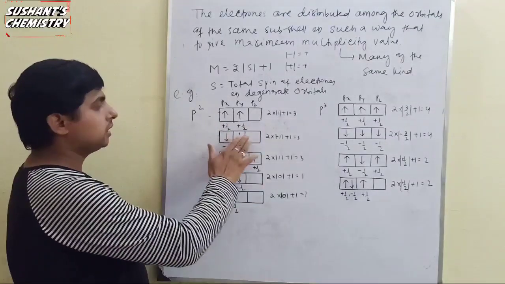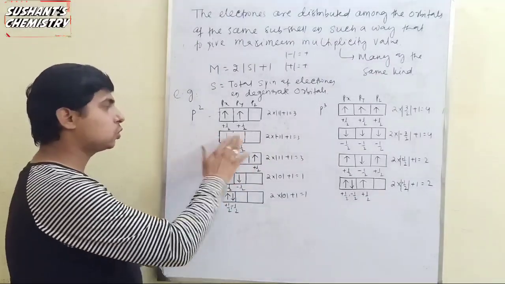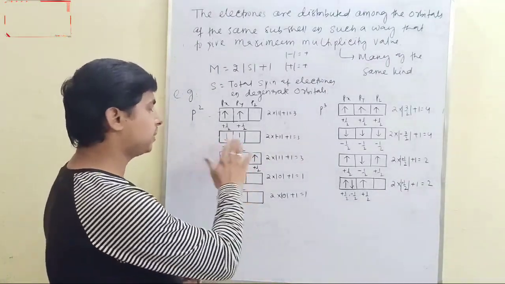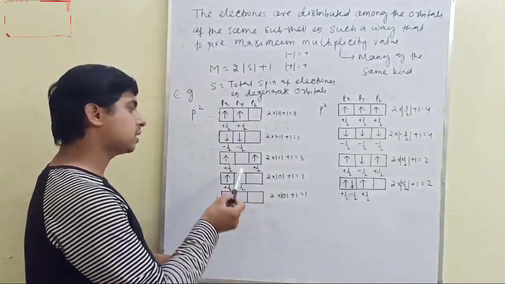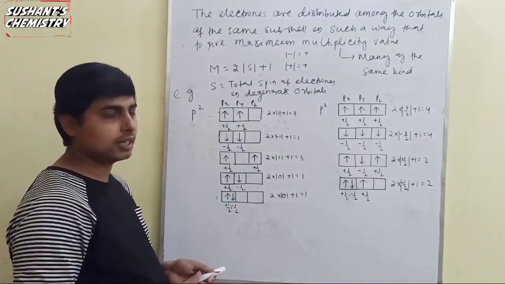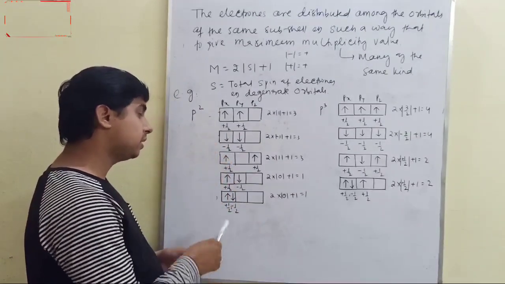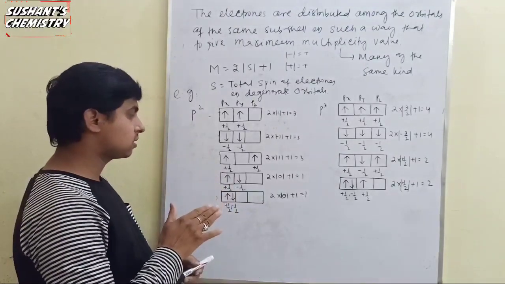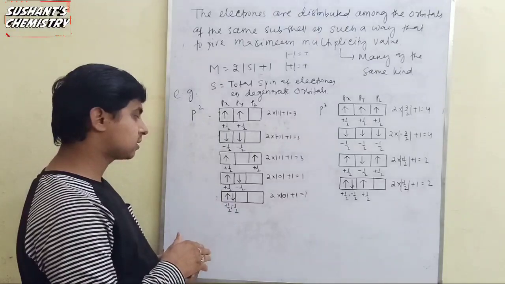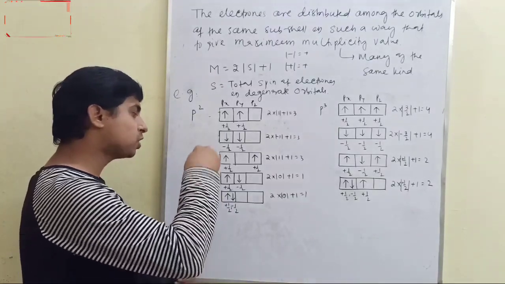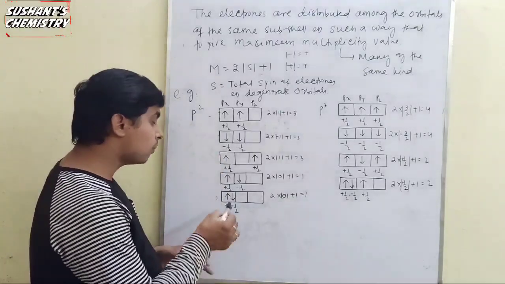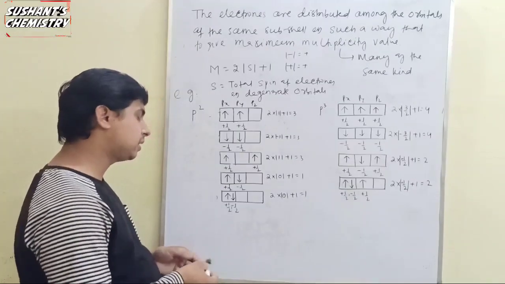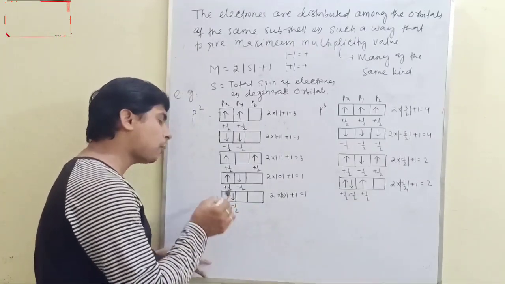Here the 2 electrons are present in different orbitals with opposite spin. Here the 2 electrons are present in different orbitals with the same spin. Here the electrons are present in different orbitals with opposite spin. Here both electrons are present in the same orbital with opposite spin.